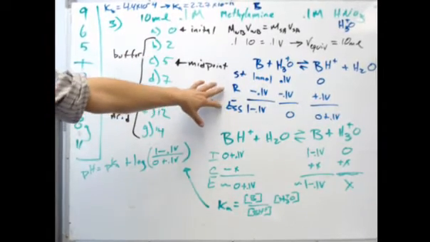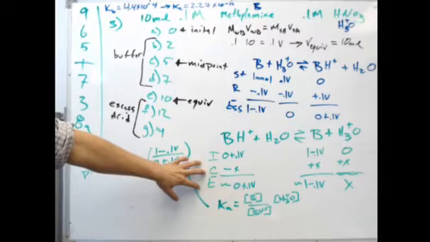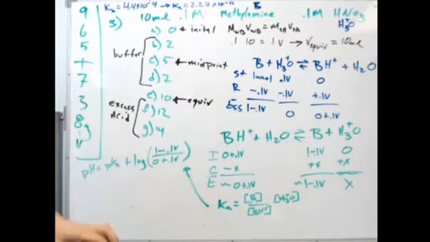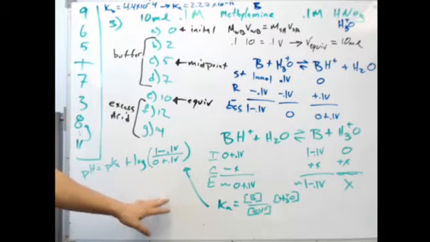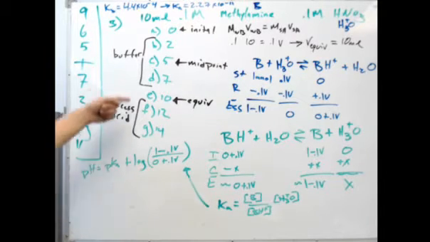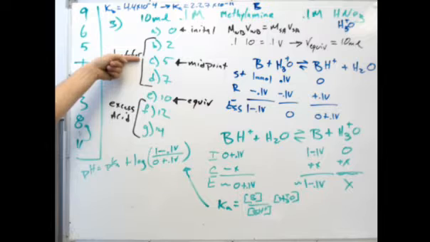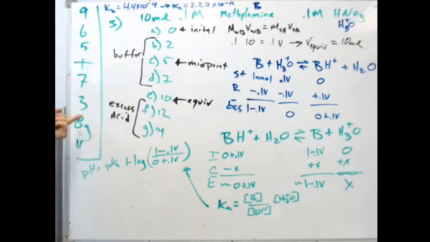I don't need to set up a stoichiometry table and an ICE table for each of these 3 points. I can use this equation for all 3. Right, and you can notice what's going to happen at the midpoint. What should be the pH at the midpoint? pKa.